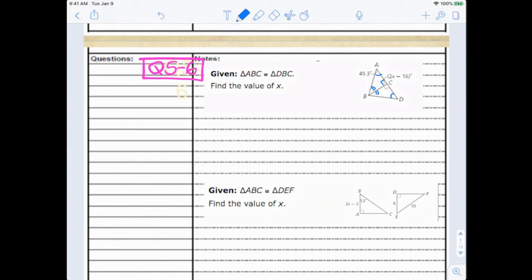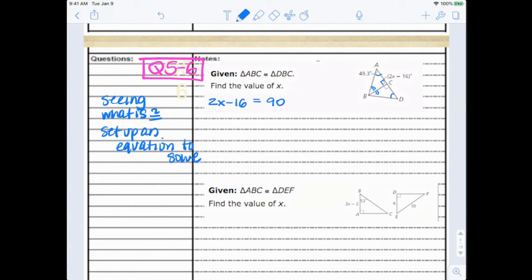Well, the only x I have in there is a 2x minus 16, right? And that's a 90-degree angle. So I know I'm going to set that equal to the other C, which is 90 degrees. So basically, we're seeing what's congruent, and then we're going to set up an equation to solve. Does that make sense? That's what we're doing here for this first one.